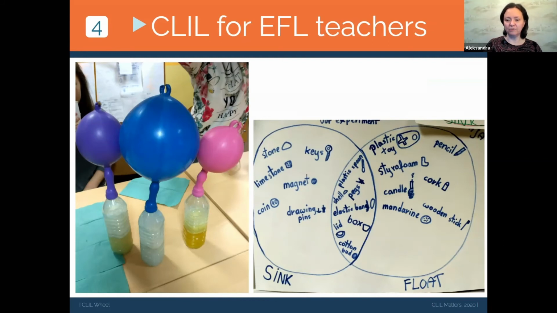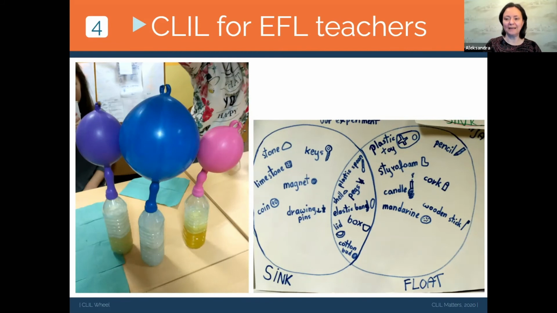And the poster on the right shows another experiment. I brought different objects to the class, and you can see cork, wooden stick, mandarin, candle, a piece of limestone, a magnet. And the students were to hypothesize, so predict what is going to happen with those objects when you put them into the water. Are they going to sink or float?